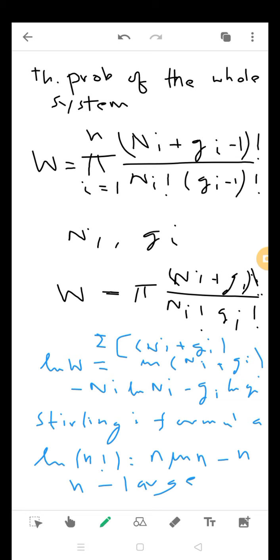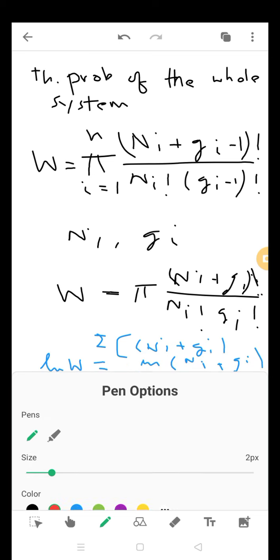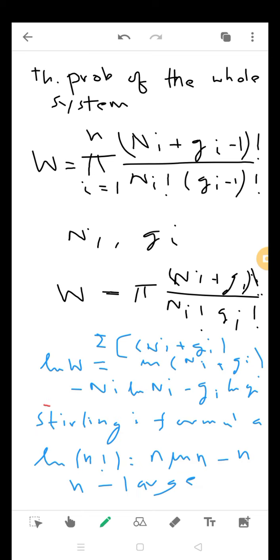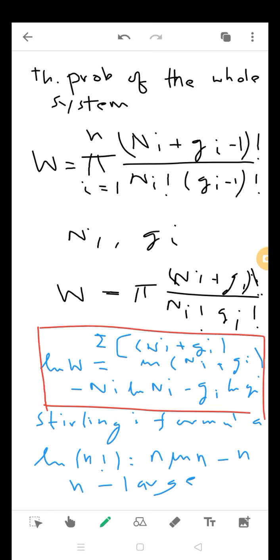By taking natural logarithm, this cumulative multiplication converts into a summation. Ultimately this is the equation that we obtain till now.